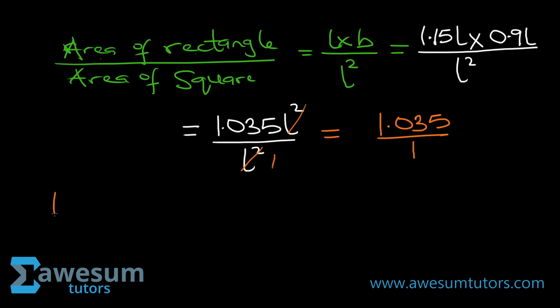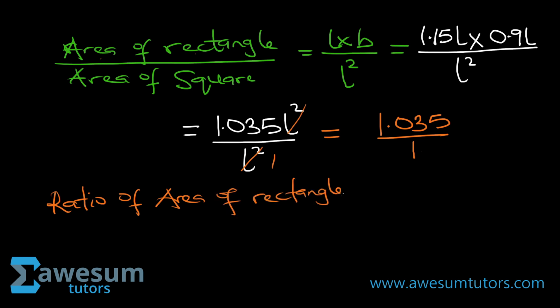So I can conclude by saying, therefore, ratio of area of rectangle to area of square equals 1.035, because area of rectangle is the one at the top.